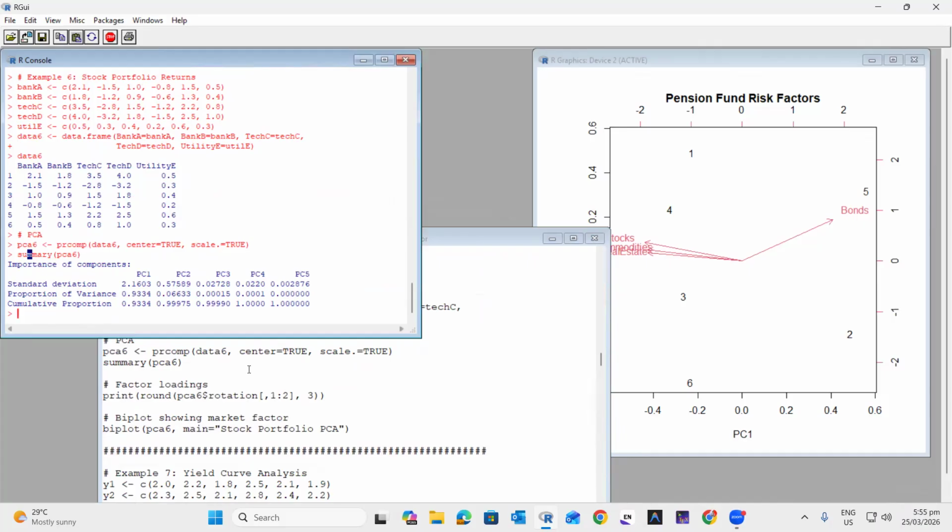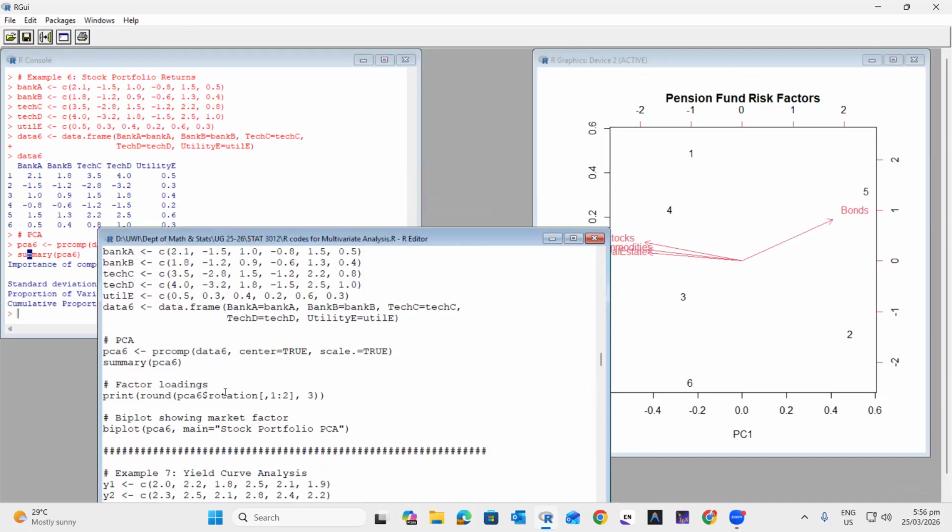This is the summary of our five principal components. PC1 explains 93.34% of the variance. PC2 explains 6.63% of the variance, and in total 99.97% with two components. So this is typical for stock returns: a single market factor captures most of the co-movement.